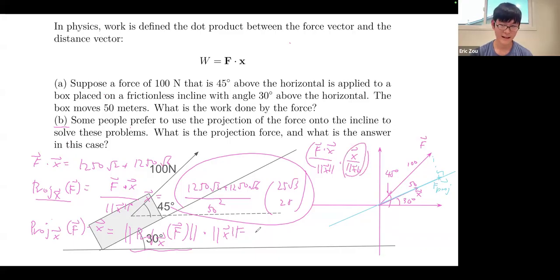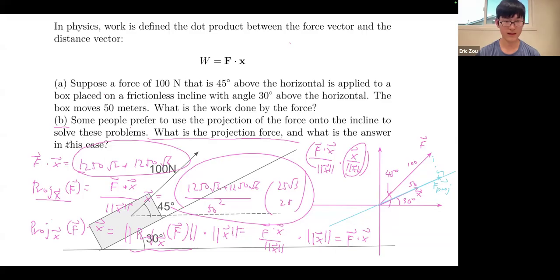So the first part has length f dot x over x norm, and the second part has norm x norm. So this is just f dot x, which is whatever this thing is already. So this new method also works.